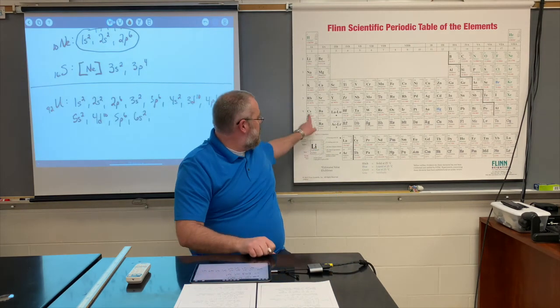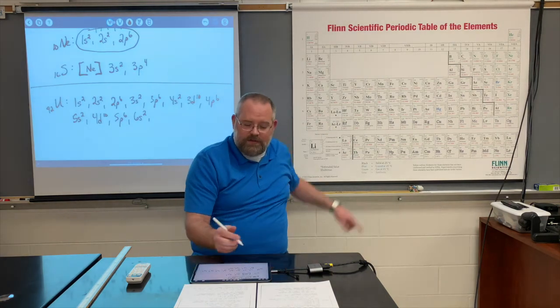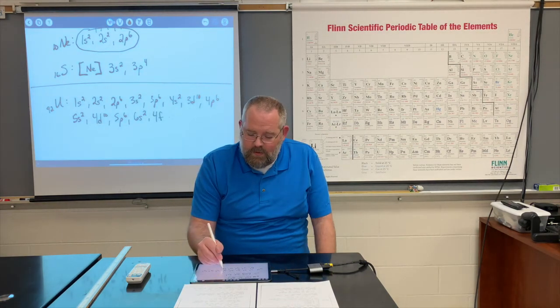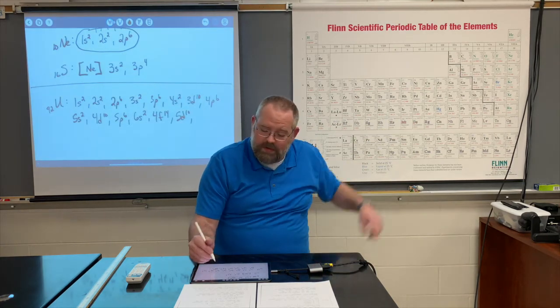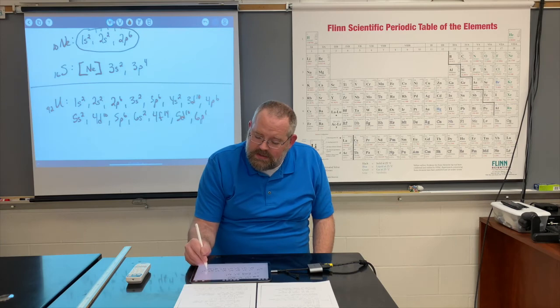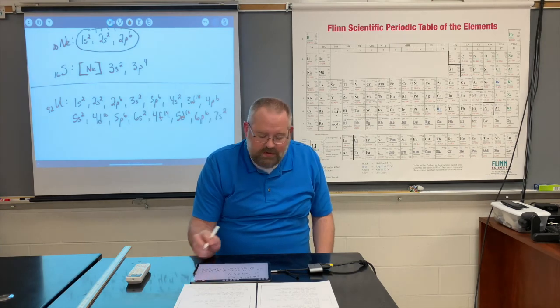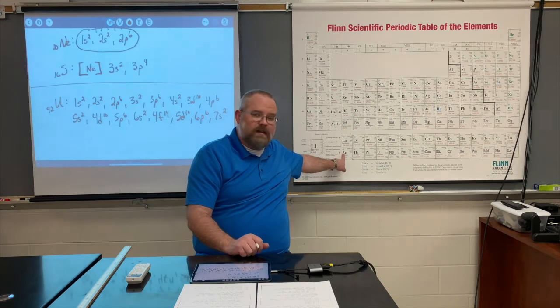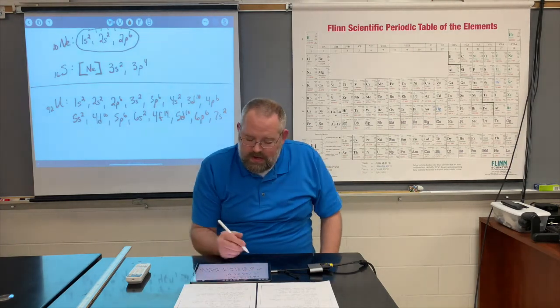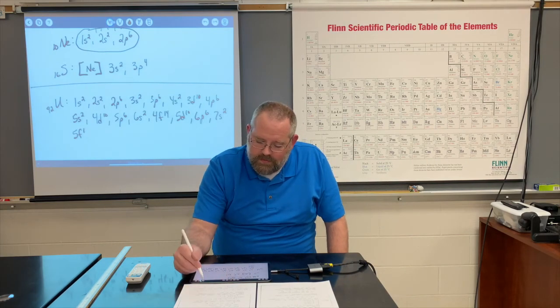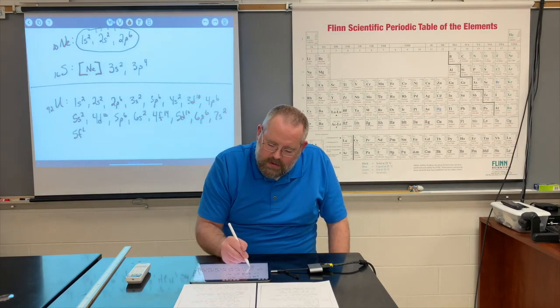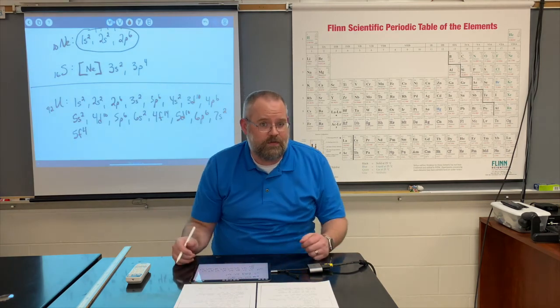Remember, after 6s, we come down here to the lanthanides. So after 6s2, we have 4f14. And then we go back into the D's, so that would be 5d10. And then we'll finish that row after 5d10 with 6p6. And then we go to 7s2. And after 7s2, then we get to the actinides. So then we have uranium, which is 5f4. Not 14, 4. And that's the full electron configuration of uranium.